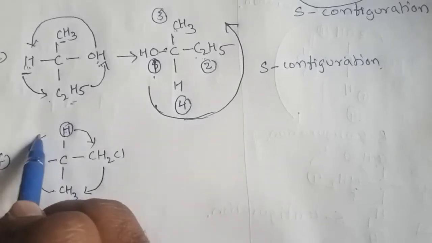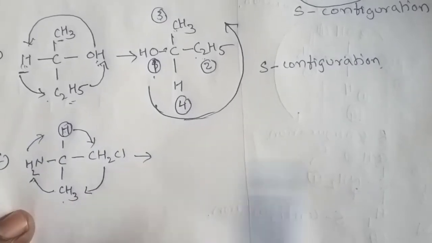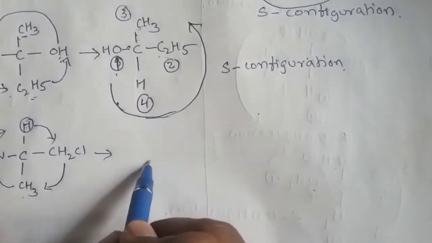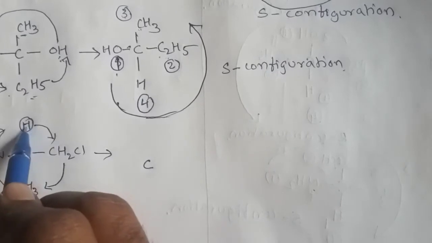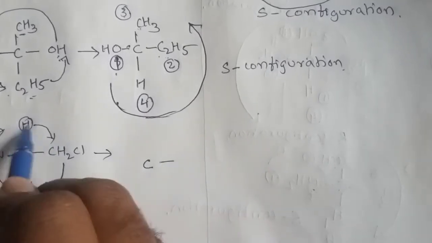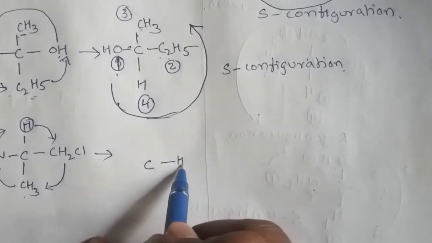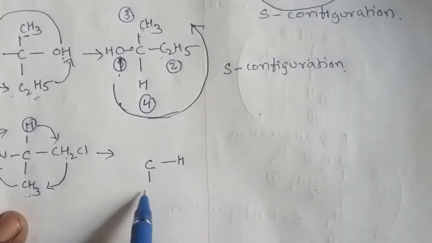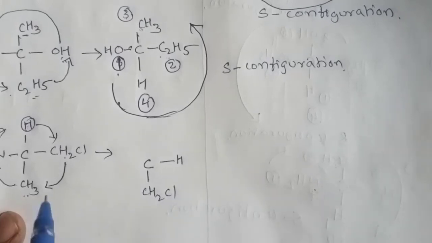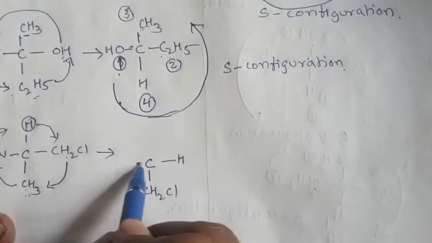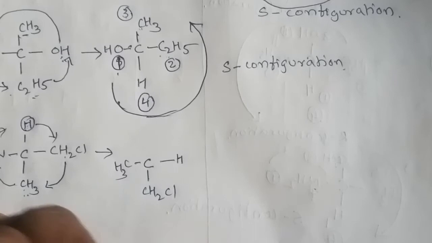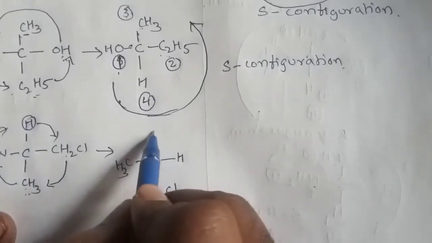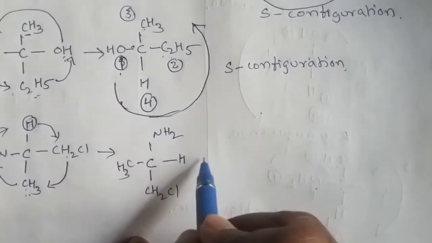Let us start the first rotation. When hydrogen shifted from here to here, hydrogen came. Then this group shifted to this place, that is CH2Cl. Then the CH3 group shifted to here, and the NH2 group shifted here. So this is the first rotation.